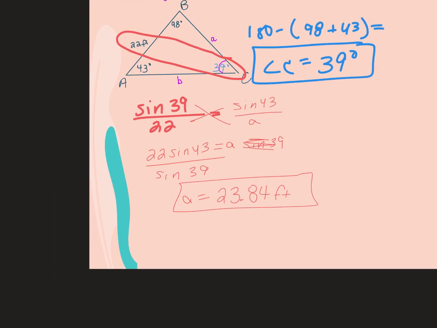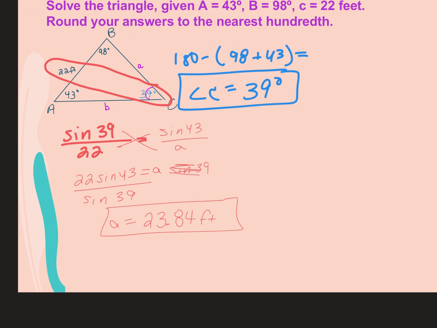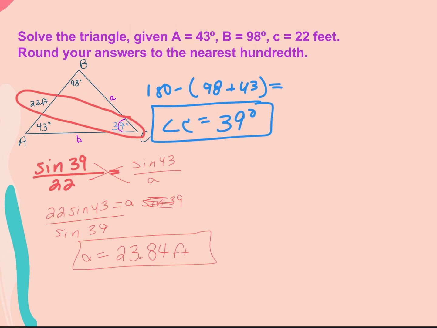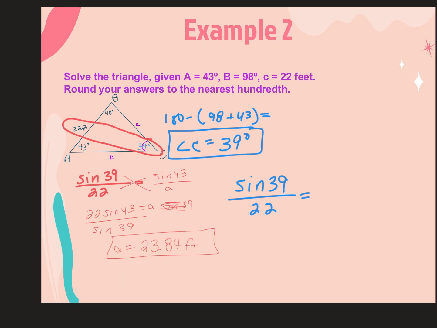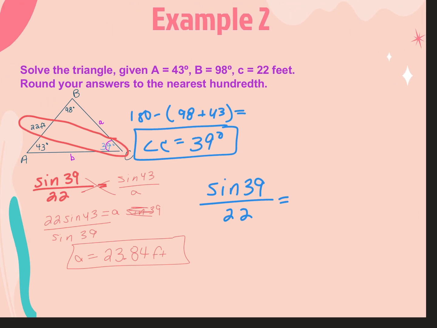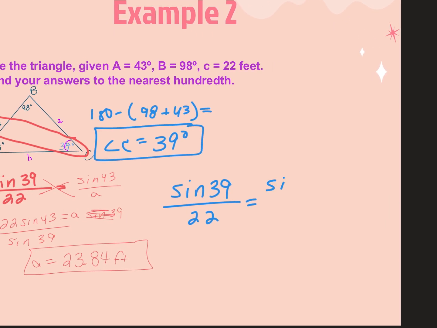So we're solving our triangle. We found the one missing angle. We found one of our missing sides. What's the other side we need to find? All right, go back to what was given to you. So you have the sine of 39 over 22 equals. Now if we're finding side B, what angle do we need to use? Angle B. Perfect.